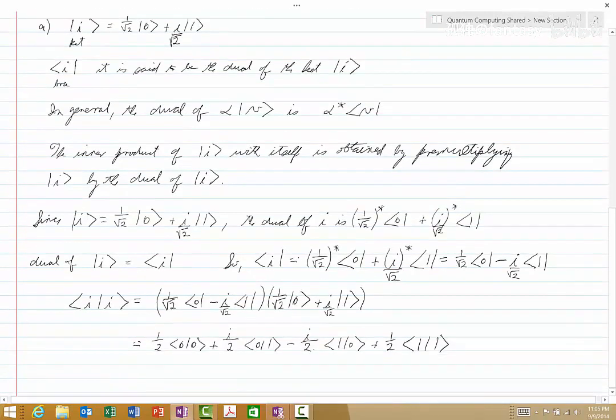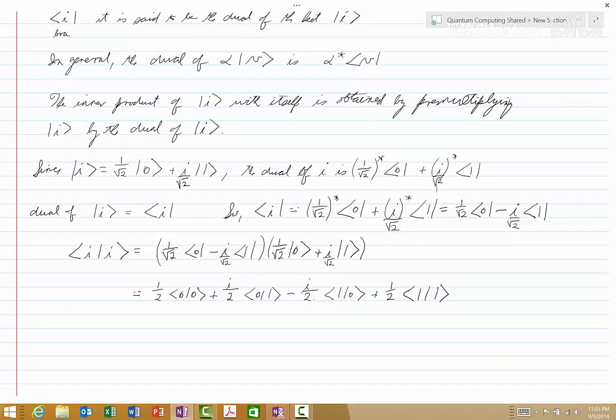Yes, I believe we're all set now. Okay, and so to finish this up, of course, 0 inner product with 0 is 1, 0 inner product with 1 is 0, 1 inner product with 0 is 0, and 1 inner product with 1 is 1. Let me make this line a little clearer.